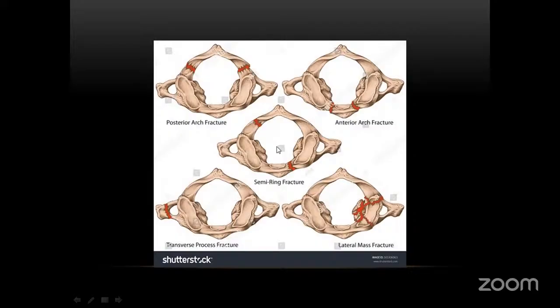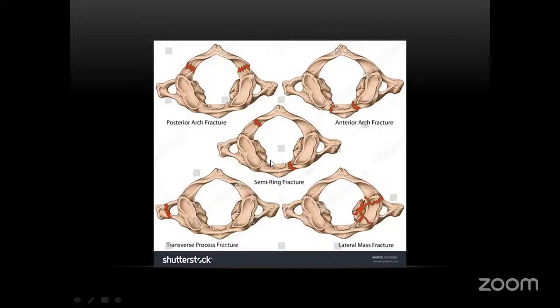Excellent, excellent. The actual point is the TAL injury, transverse atlantal ligament injury. If the transverse atlantal ligament is injured, then it means there is instability. That patient needs fixation.